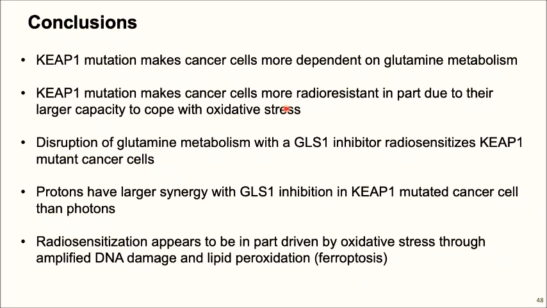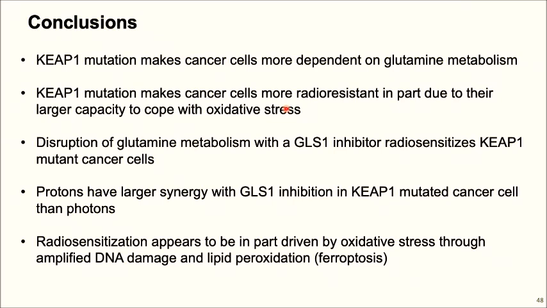Also, disruption of glutamine metabolism with a GLS1 inhibitor radiosensitizes KEAP1 mutant cancer cells, and proton radiation has larger synergy with GLS1 inhibition in KEAP1 mutated cancer cells than photons. And this radiosensitization appears to be in part driven by oxidative stress through amplified DNA damage and lipid peroxidation as well.